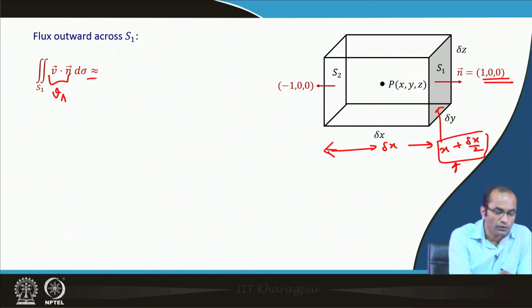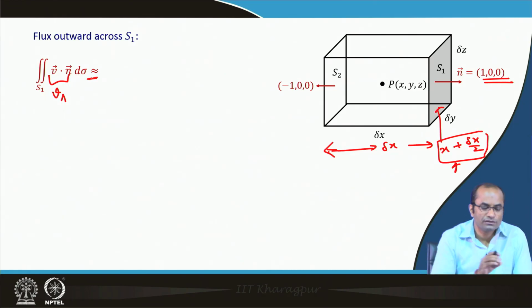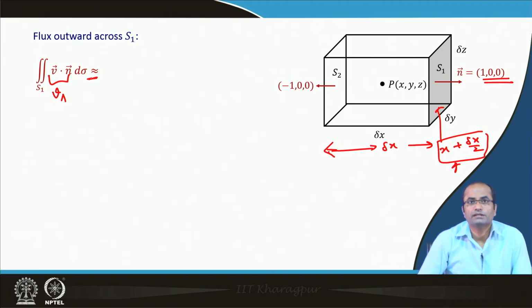So, we will make an approximation to this integral. This is not a very formal mathematical proof, but just to give some idea, because later on we will also consider the limiting situation where delta x, delta y and delta z go to 0. In that case this approximation will become an equality.